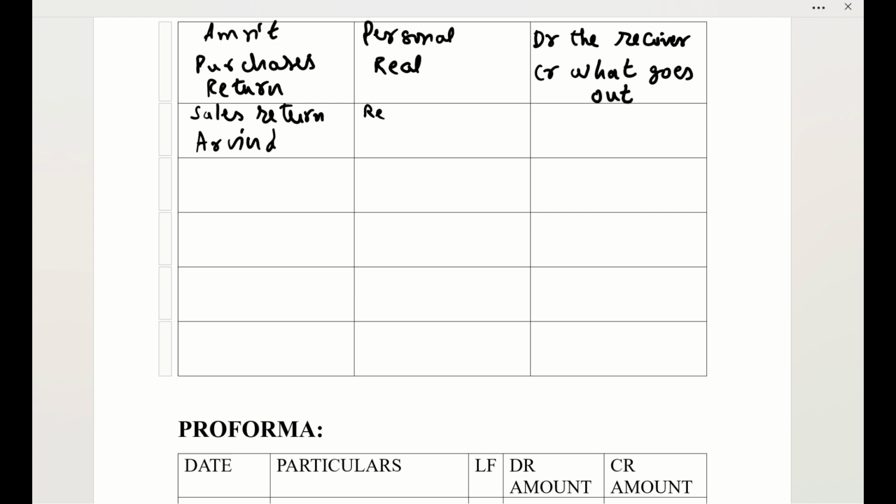This is the real account. This is the personal account. Debit what comes in, and credit the giver.